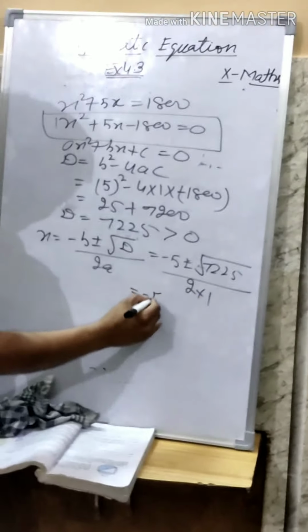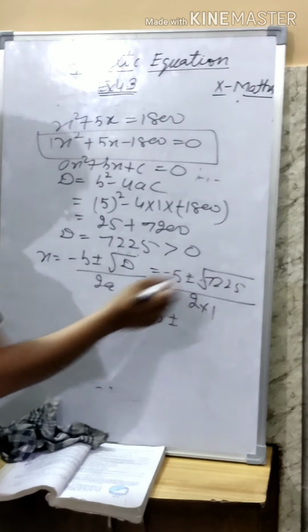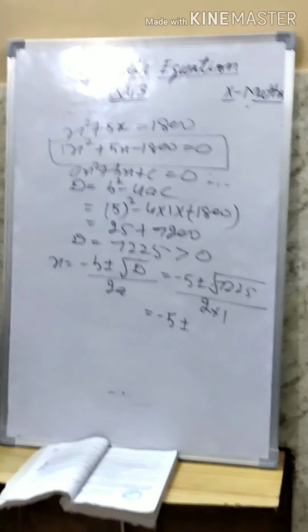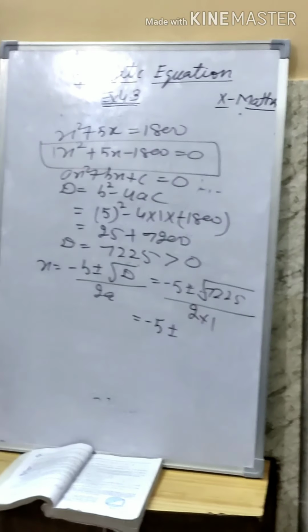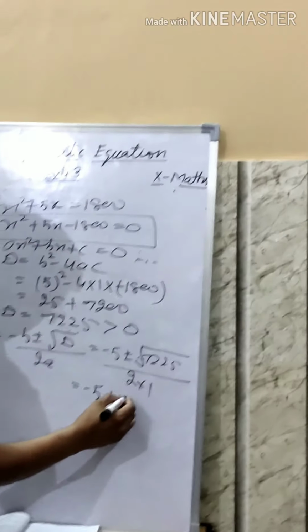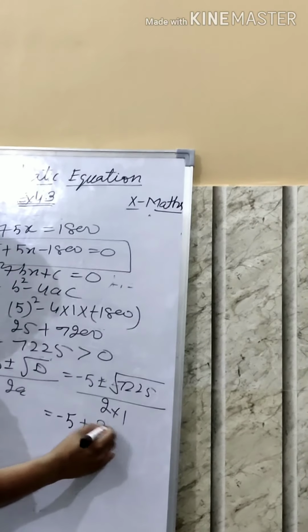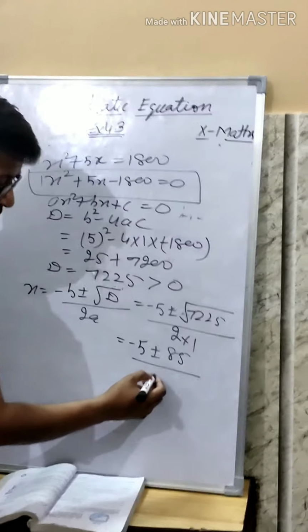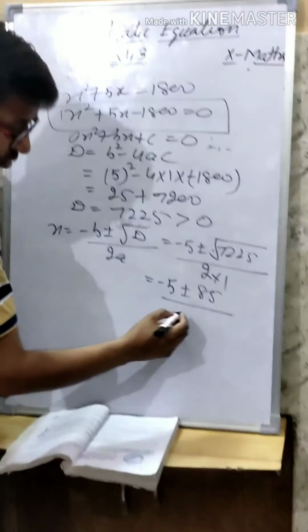So my dear students, you must know how to find out the square root of a number. Clear this? By division method or by factorization method. So you check, it will be 85. Can you solve by division method?